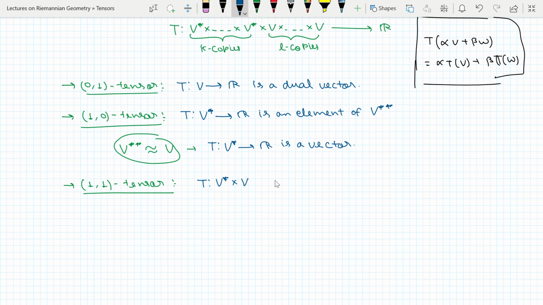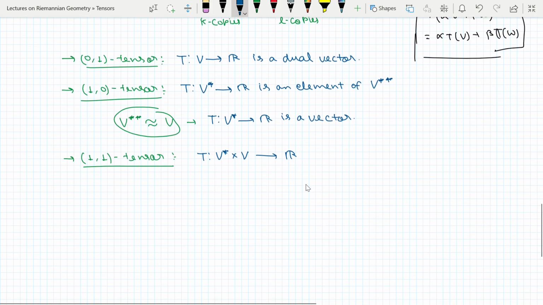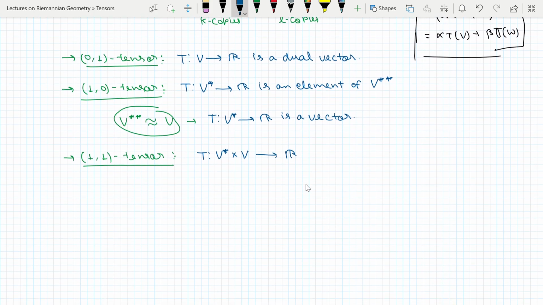A 1-1 tensor will have 1 copy of V star and 1 copy of V going to R. That's what the 1-1 tensor is. Okay, now let's do something. What I do is I fix an element of the vector space V and I define another map.